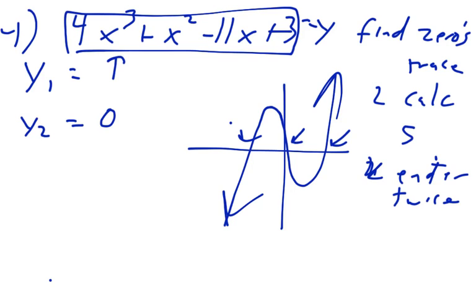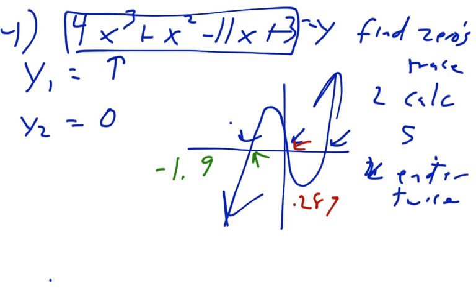And then when it says guess, the first time I'm going to move it close to the one to the far left, and when I do that I get an answer of negative 1.9. Then I do it again, second calculate, intersect, enter, and this time I go to the second one, and when my x is close to the second one I hit enter again and I get 0.289.